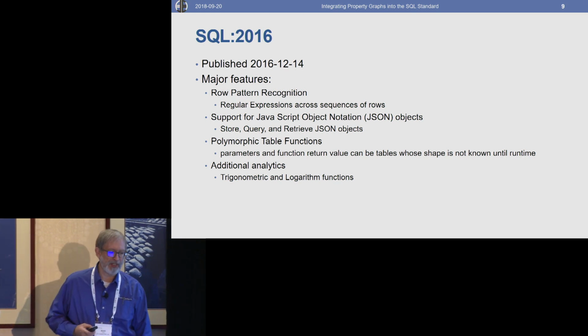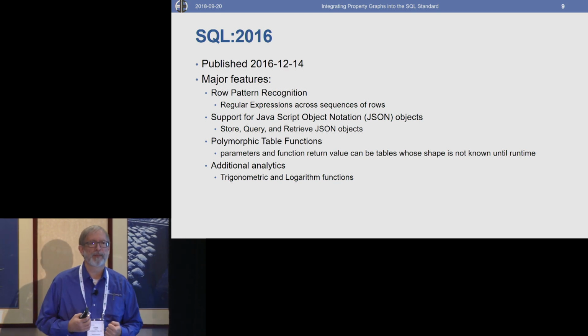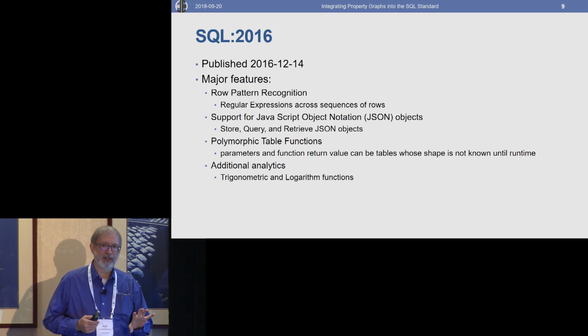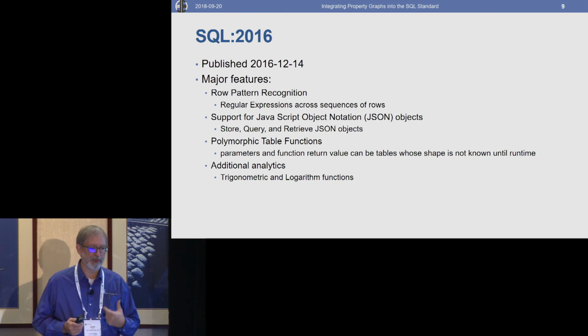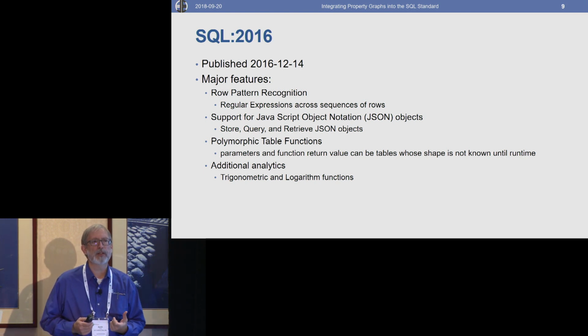SQL 2016 really had four major things. Row pattern recognition, the idea of being able to do regular expressions across sequences of rows. If I prepared, I could do about an hour on that topic. Support for JavaScript object notation, JSON objects, to be able to store, query, and retrieve JSON objects.